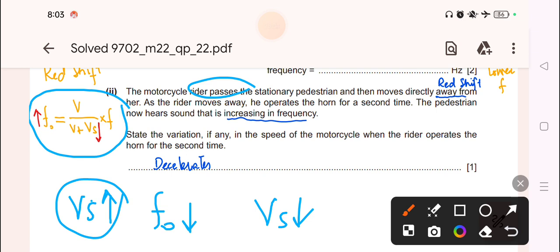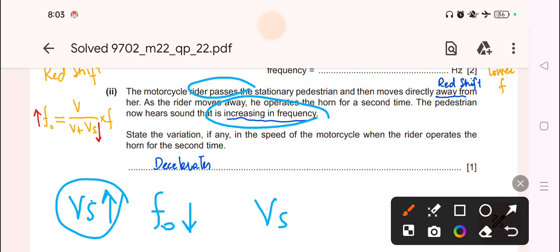It means whatever happens to the speed of the source, the opposite happens to the frequency. As it says, the frequency will be increasing, so this means the speed will be decreasing. So it means the motorcyclist will be decelerating.